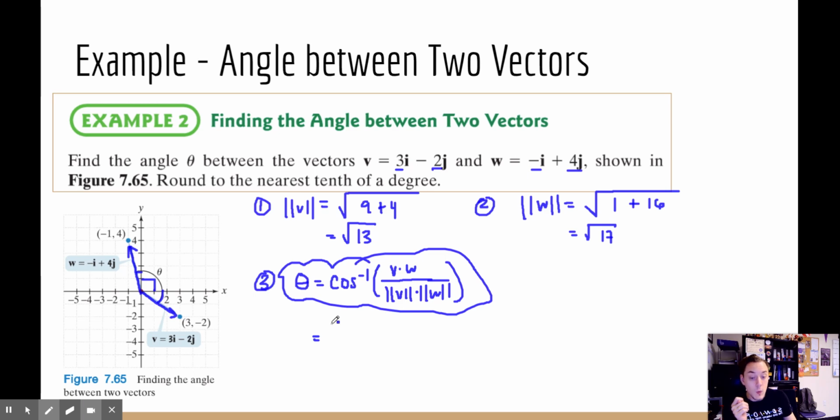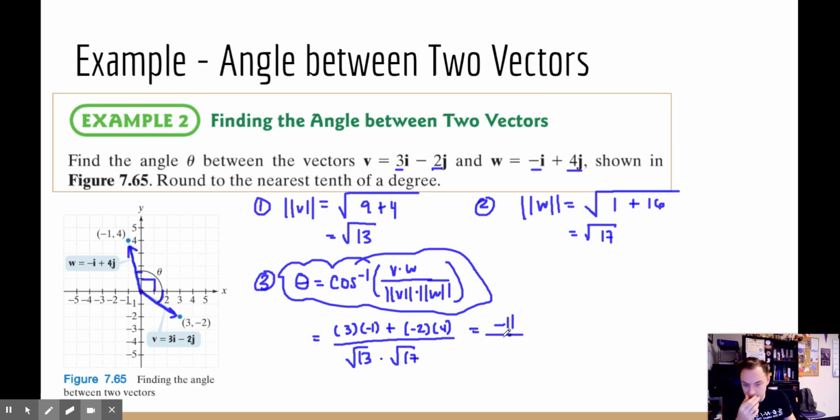What's the dot product of v and w? I take 3 times negative 1 plus negative 2 times 4, all over radical 13 times radical 17. When I simplify the numerator, I get negative 11.